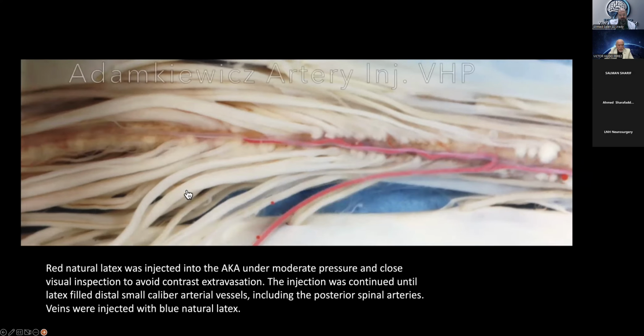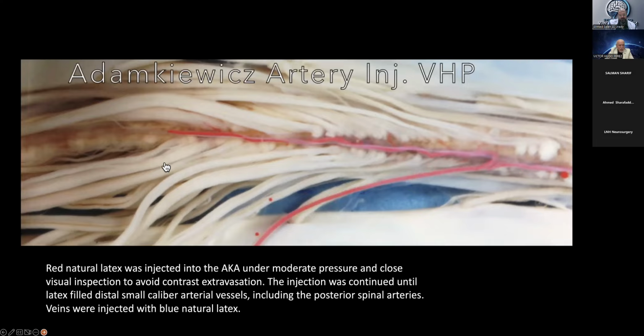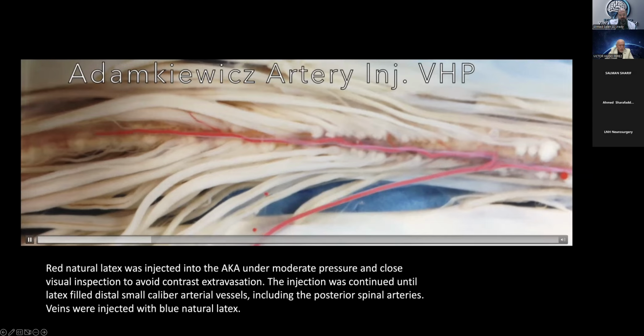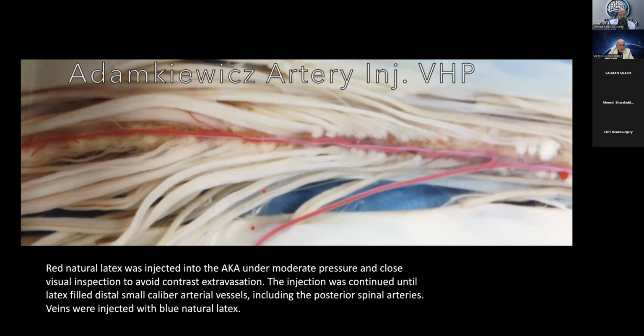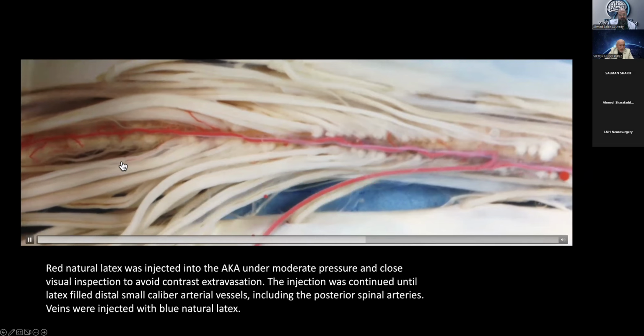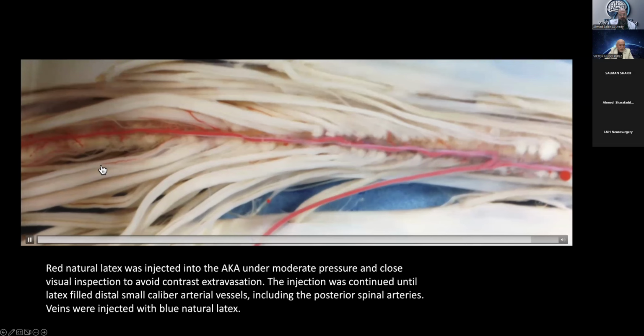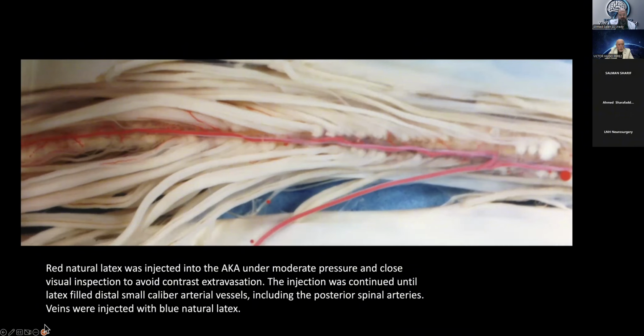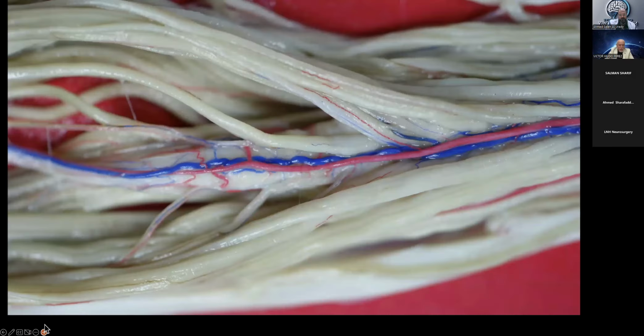So again, look, the spinal nerve roots. For example, here, look at this. This is really nice because with this injection you can reach very small vessels. And here we have a picture after the injection.